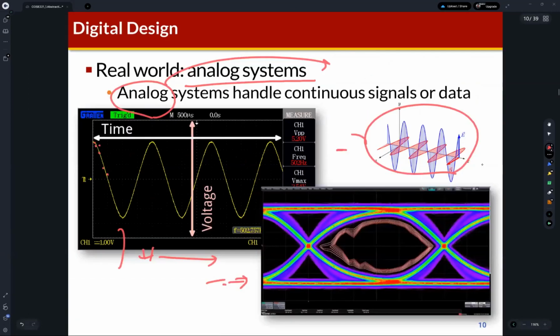This is the analog signal, and as you can see, its values change continuously, and we can observe many continuous values, right? Like if this is 0, we can observe 0.1, 0.2. We can observe many different values in the analog signal.